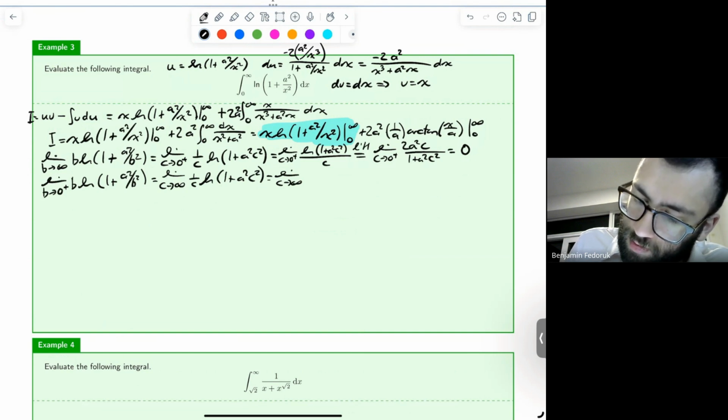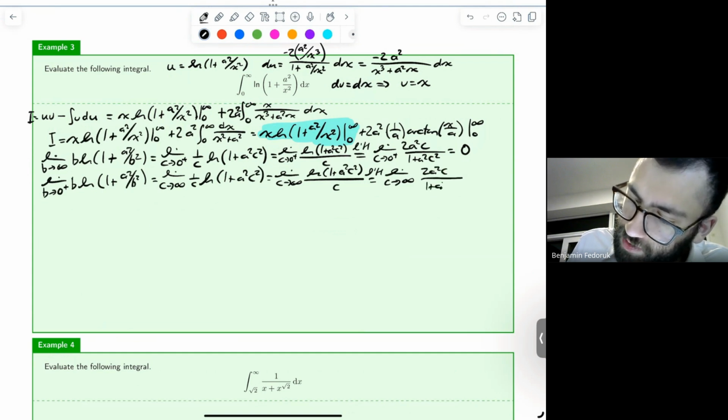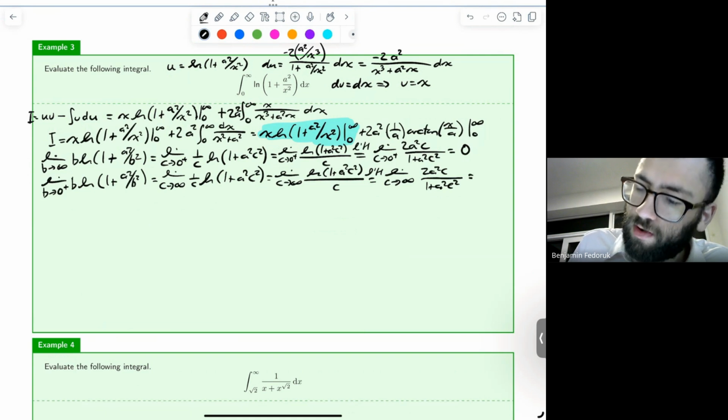And so we'll write this as a fraction. We'll use L'Hopital's rule. Sorry, that's infinity of 2a squared c over 1 plus a squared c squared. And if you plug in infinity here, you have infinity on the bottom. So this whole thing is going to go to 0 as well.